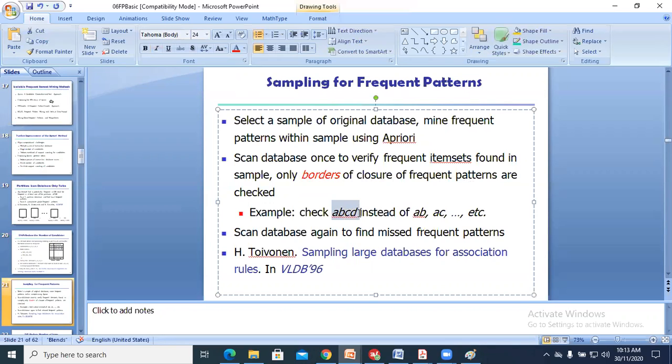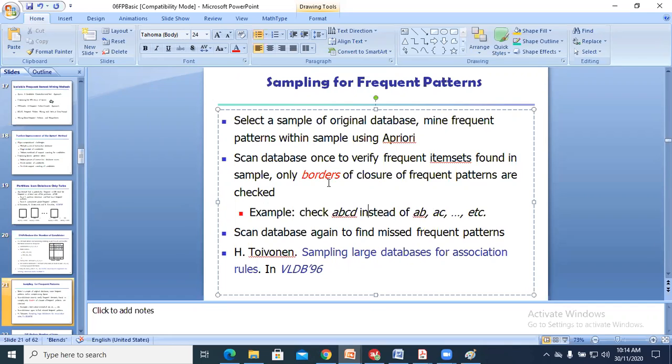We check ABCD instead of checking AB, AC, etc. Instead of checking the 2 item sets, we will check the borders of the closure of frequent patterns.